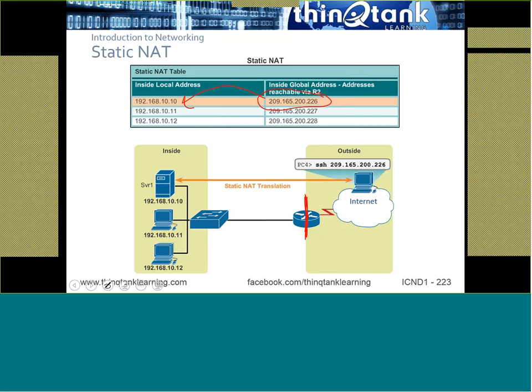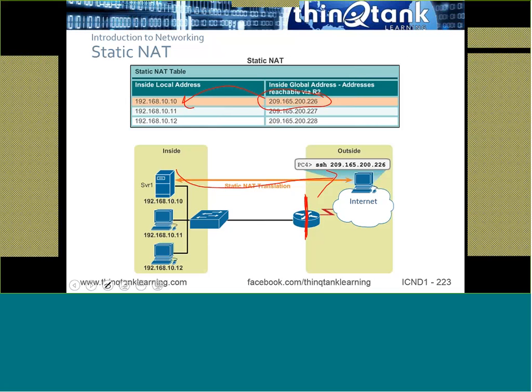Yes, sir. So by reserving the 209.165.200.226, that never changes. That never changes for that server. That's correct. Hence the term static, right? Yes. Static means permanent. Okay. In addition, this would be the same translation that would be used if the server was going out to the internet.